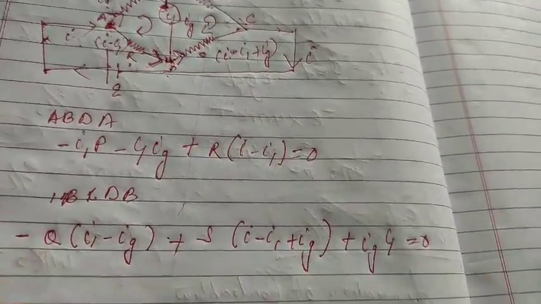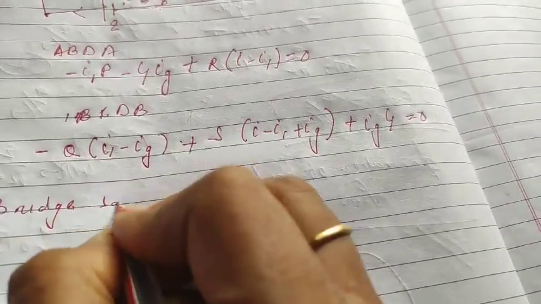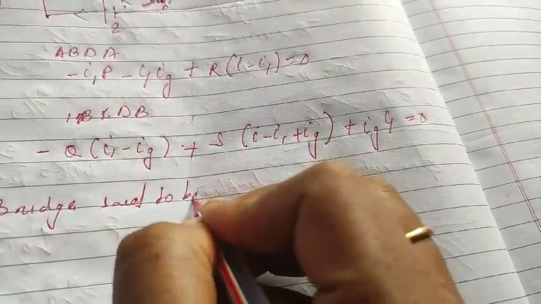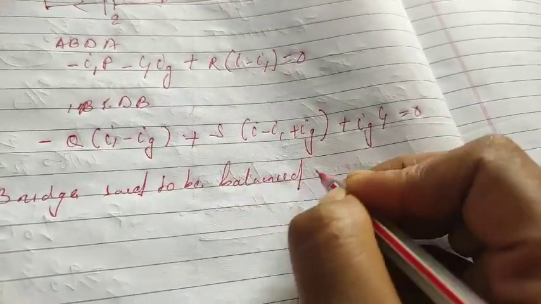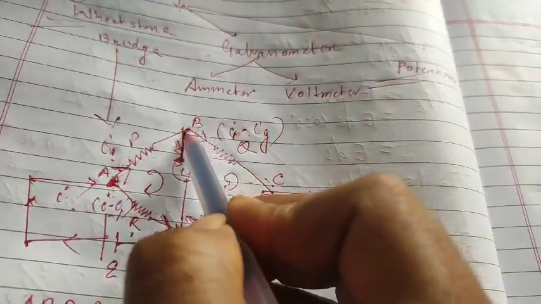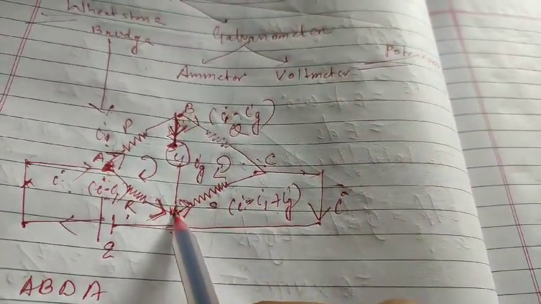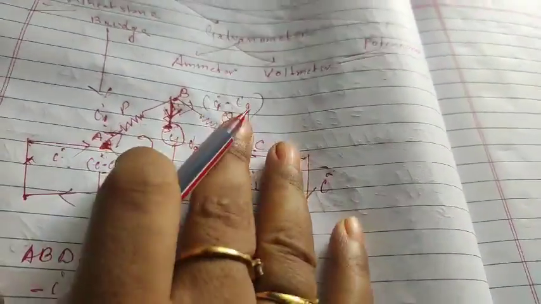Now one thing you will remember, the bridge is said to be balanced, student, only when potential VB is equal to VD. See, the potential of this point is equal to the potential of this point. Then we can say that the Wheatstone bridge is perfectly balanced. Clear?